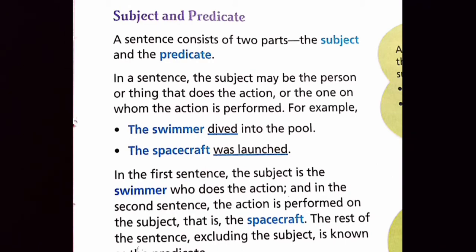The spacecraft was launched. In the first sentence, the subject is the swimmer who does the action, and in the second sentence, the action is performed on the subject, that is the spacecraft. The rest of the sentence, excluding the subject, is known as the predicate.